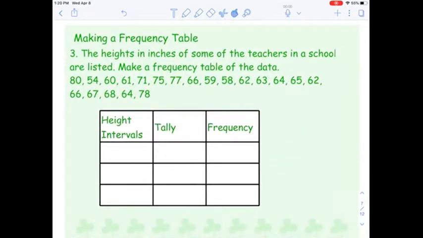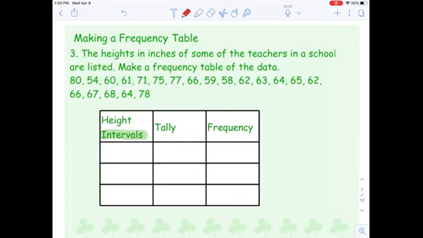Okay, making a frequency table. So this gives us a blank frequency table. What we need to do is fill this in. In order to do that, we first have to figure out what our intervals are going to be. I have to look at the data that I'm given and find my highest and my lowest value.